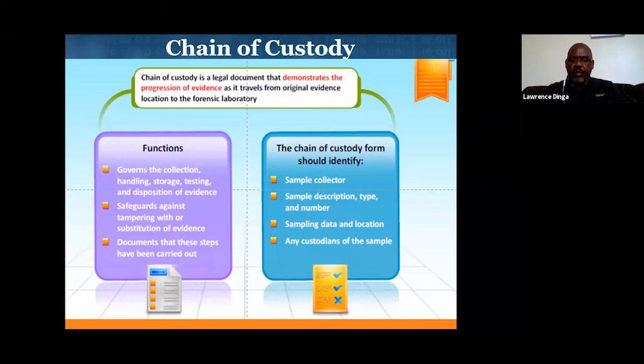Now, the chain of custody form should have some things like description and the type. Depending on the organization doing the investigation, you can put as much information as possible on the chain of custody so that these people can understand what you collected.